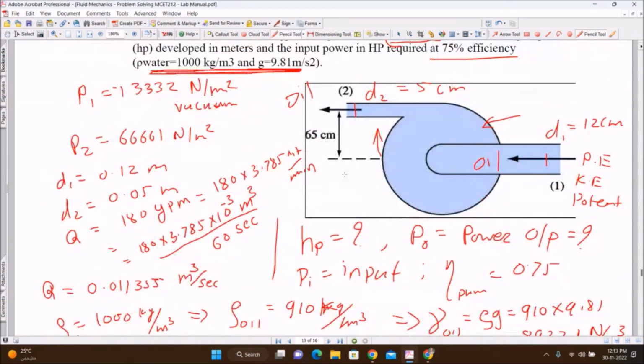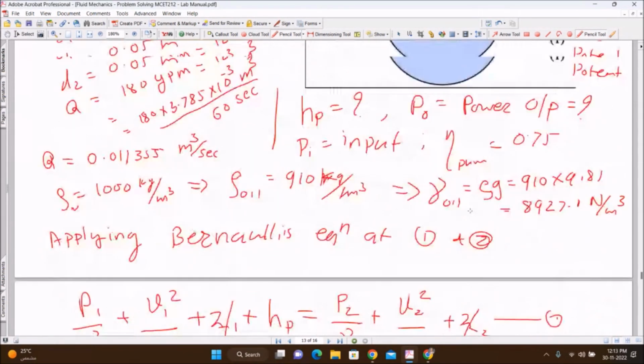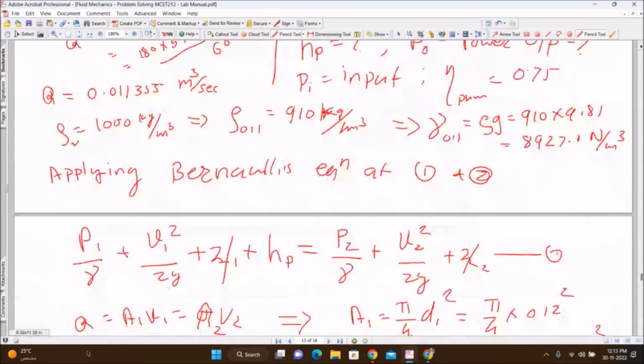So here Z2 is given as 65. It is not horizontal; the outlet is above the ground level. So this is Z, and here Z1 will become 0. In Bernoulli's equation, Z1 and Z2 are not going to cancel.